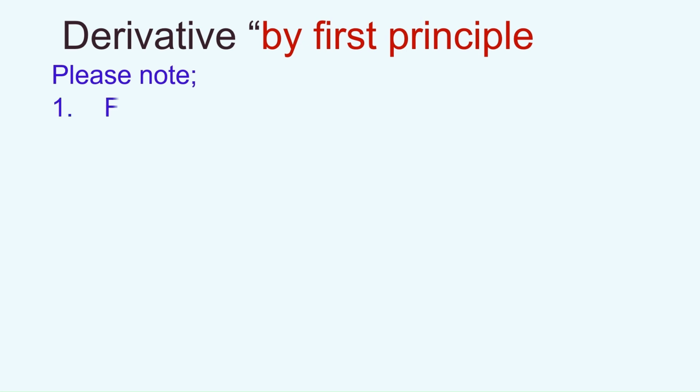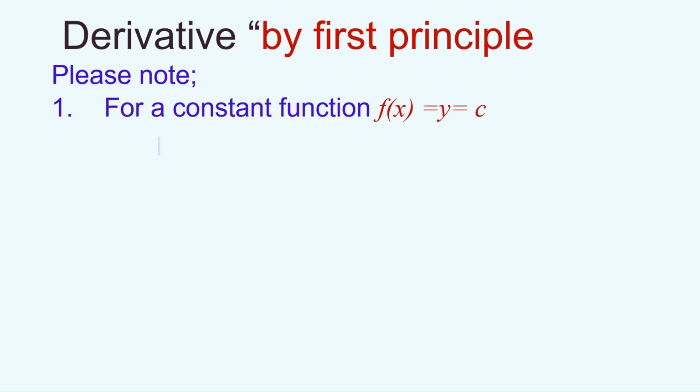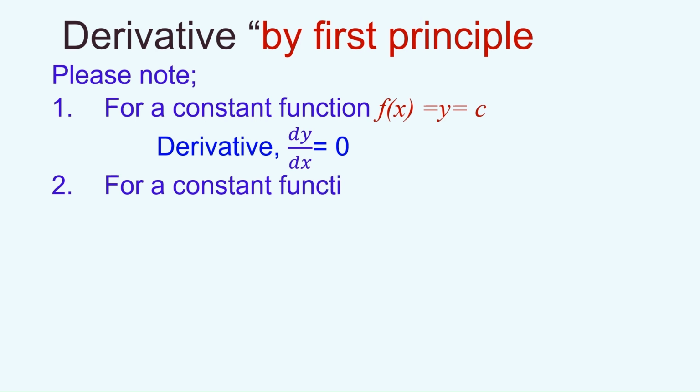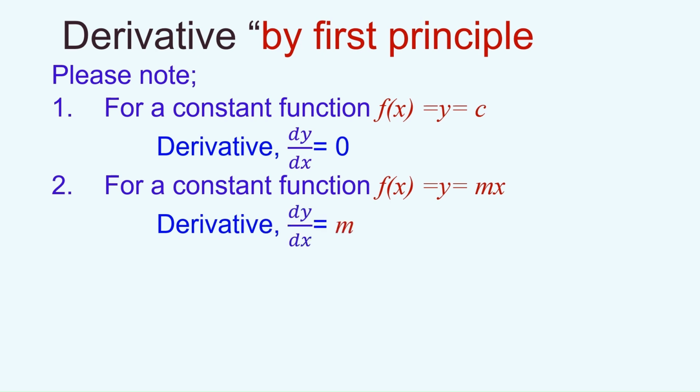Derivative by first principle. Please note what we have learned so far. 1. For a constant function f(x) = y = c, the derivative dy/dx equals 0. 2. For the function f(x) = y = mx, the derivative dy/dx equals m. 3.